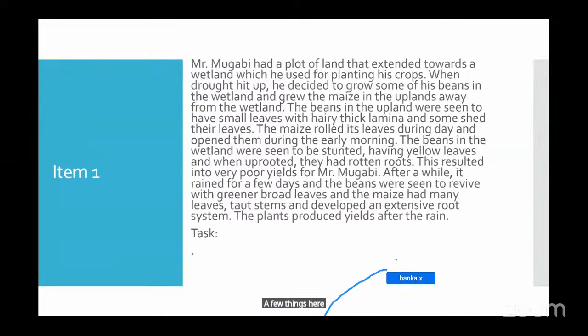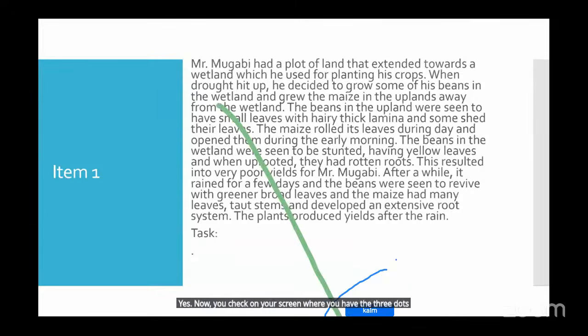So one, drought condition. Sekuya? Yes, Teacher Stephen. Teacher Godfrey? Yes, Teacher Stephen. Now you check here on your screen where you have the three dots. Are you able to see them? Yes. Now there is something there.